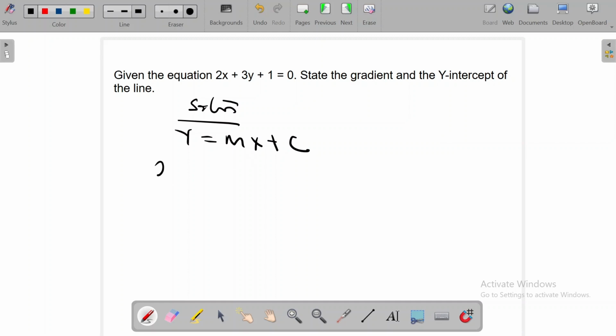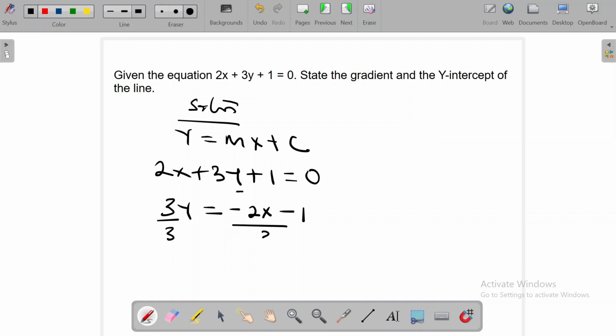So if I have 2x plus 3y plus 1 is equal to 0, to make y the subject, this becomes 3y is equal to negative 2x negative 1. So divide by 3, divide by 3.